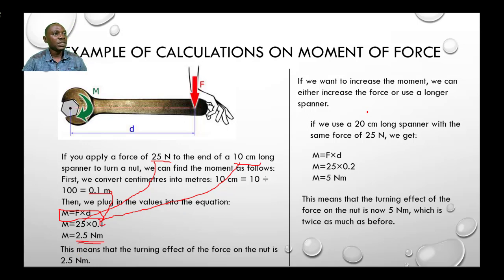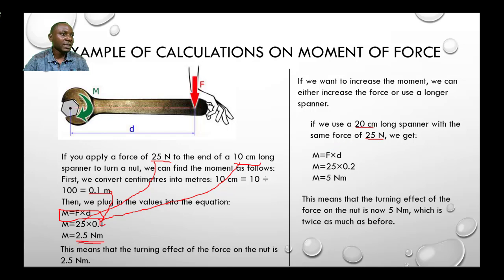Now, assuming that we want to increase the moment, you can either increase the force or use a longer spanner. Now let us consider this example, that if we increase the length, observe that it is only the length that we increased. The force that is acting on it is still the same.